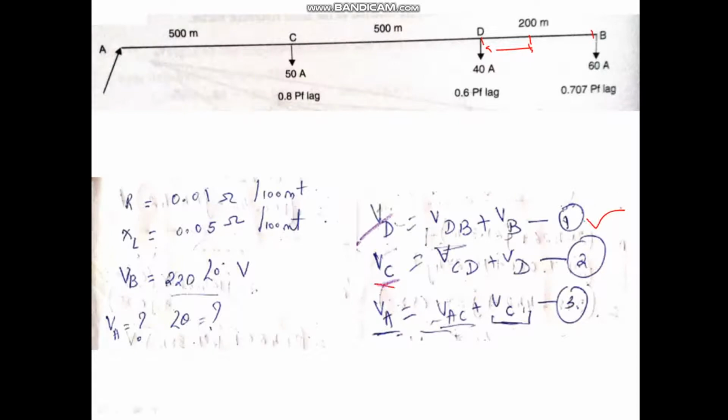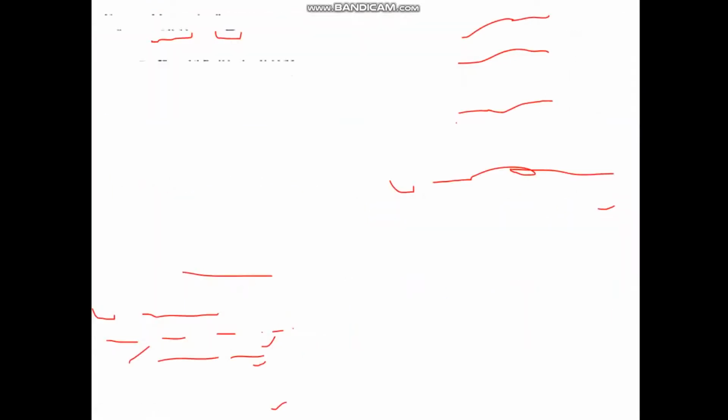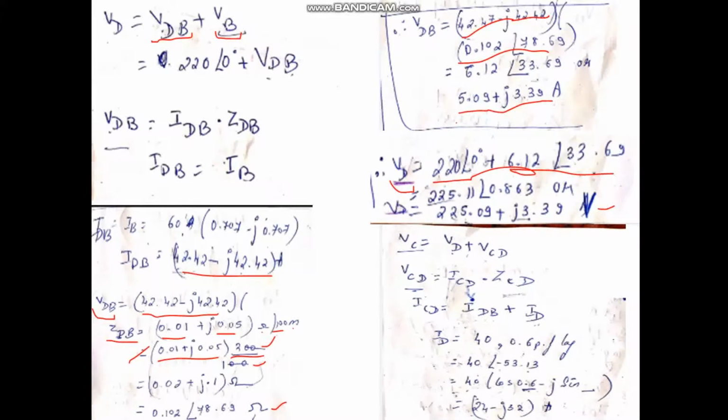Now I'll calculate VC. With similar analysis, VC is VCD plus VD. VD I have already calculated here. My work is to carry out VCD. Now VCD is ICD into ZCD.